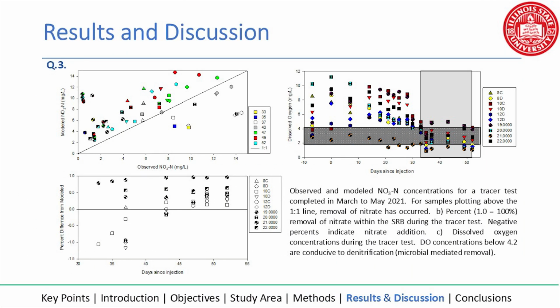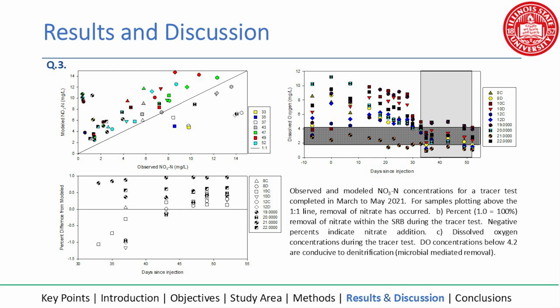And then over here, just to give you an idea, this is also the same time where we have high concentrations of oxygen. But as we move forward and the buffer is becoming saturated, the dissolved oxygen concentrations go down. And the resulting effect of the lower dissolved oxygen concentrations is that denitrification can start to occur.